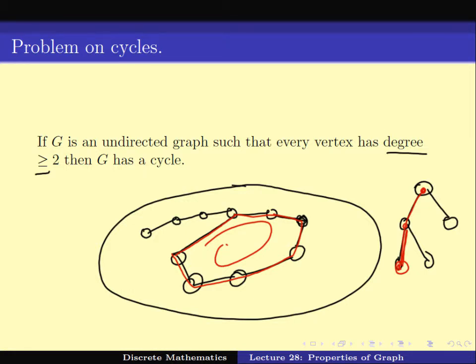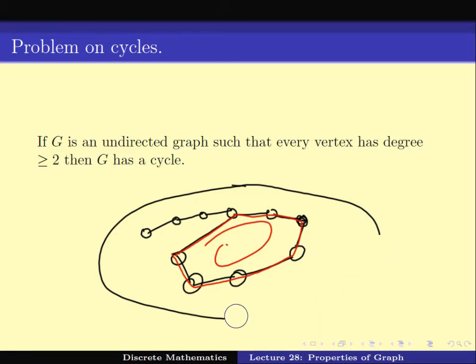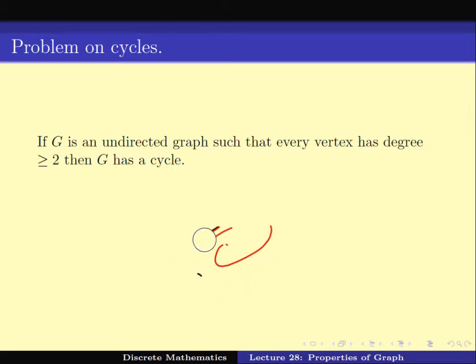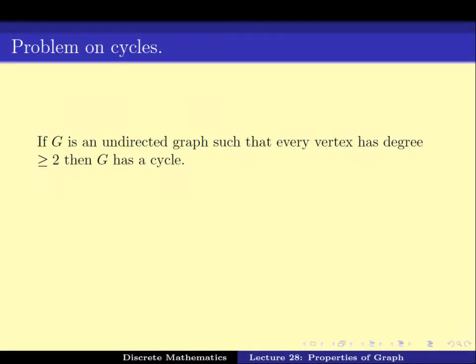Okay, so this is a very simple, quick observation, and it's a very powerful observation, as we will see very shortly. What does this particular observation mean? That if every vertex of a graph has degree greater than or equal to 2, then the graph has a cycle.